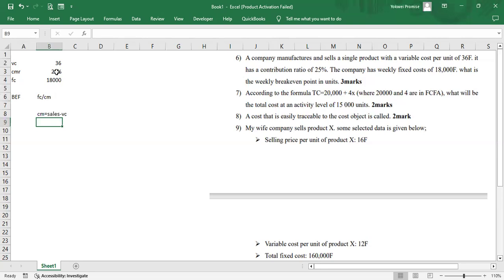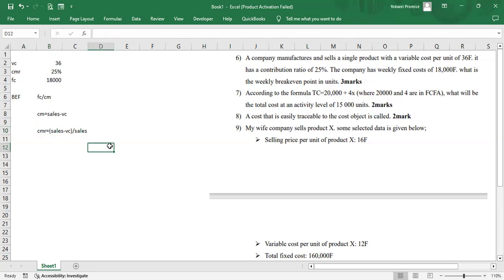So we know that our contribution margin ratio has been given. So CMR, which is equal to contribution margin, which is sales minus variable cost, all divided by sales.